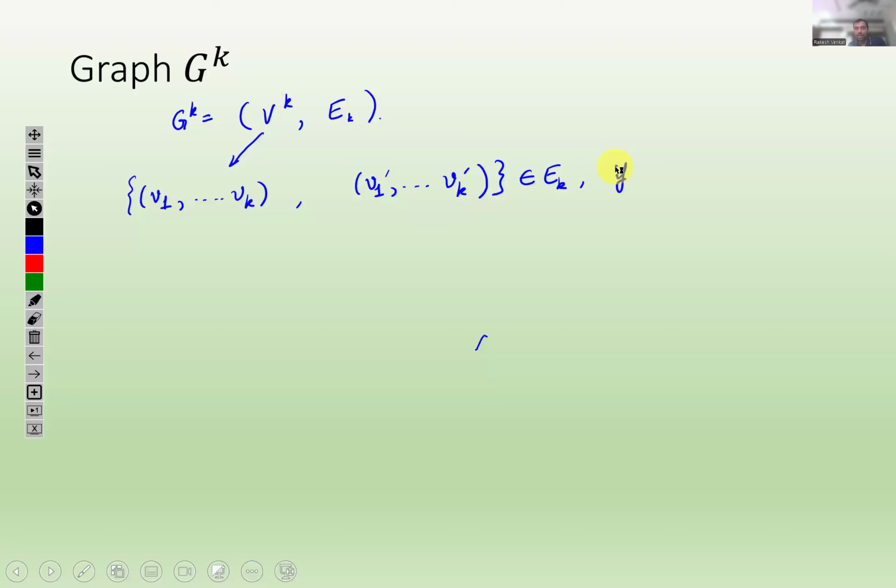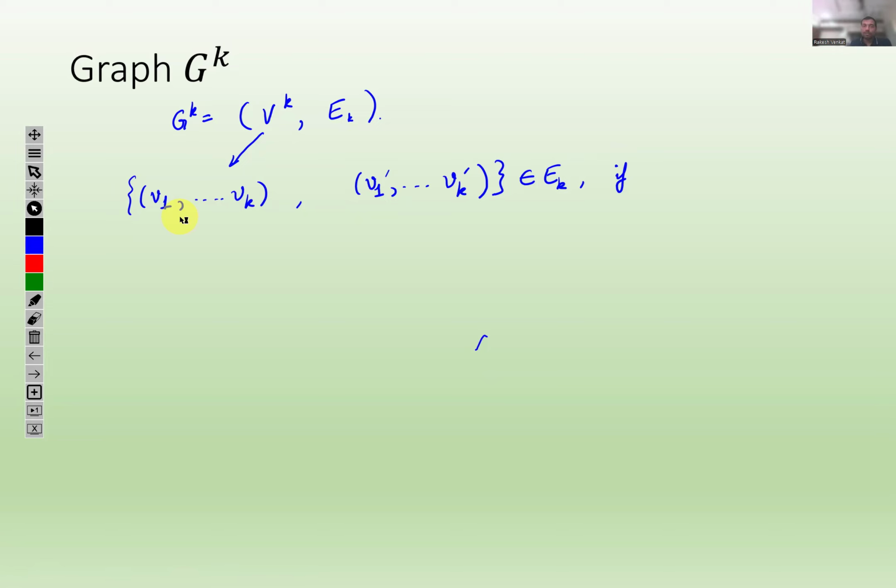If, and can someone think of what is the condition I'll put for an edge between two tuples here? Basically, they have a chance of being confused if all the k coordinates are similar to each other. So if V1 is similar to V1 prime, V2 is similar to V2 prime, and Vk is similar to Vk prime, then they have a chance of being confused, and then they form an edge in this graph Gk.